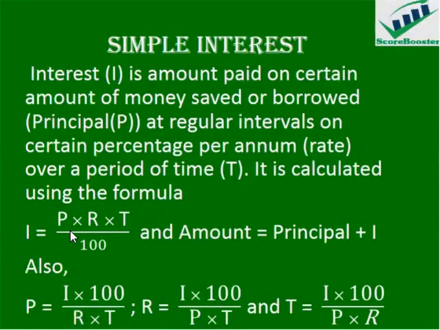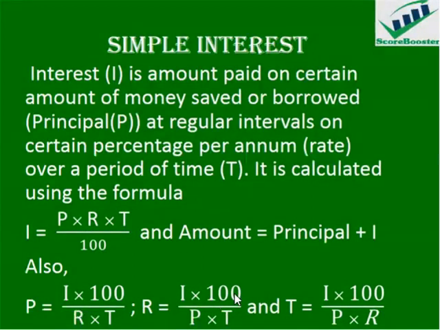It's obtained by making P the subject of the formula. If you make P the subject of the formula, the first thing you do is cross multiply. It's going to be I multiplied by 100 equals P multiplied by R multiplied by T. For you to make P the subject of the formula, you divide both sides by R multiplied by T. And that's why we have I multiplied by 100 divided by R multiplied by T. The same thing applies when making your rate the subject of the formula.